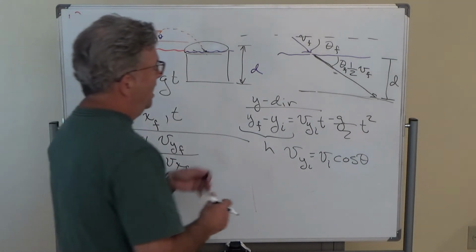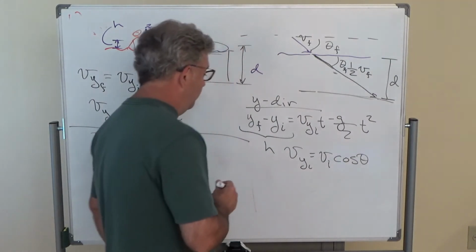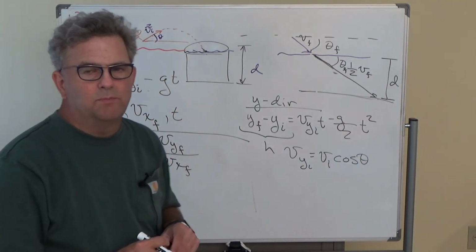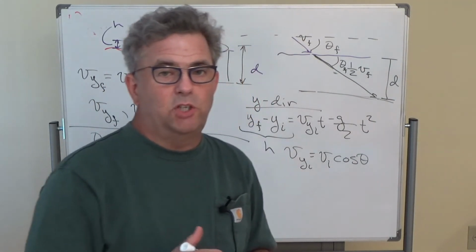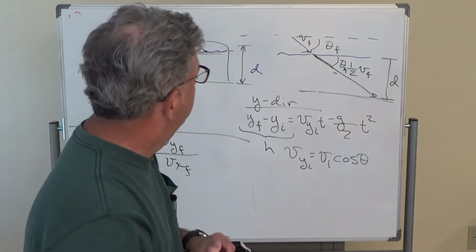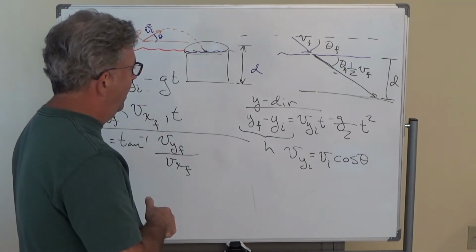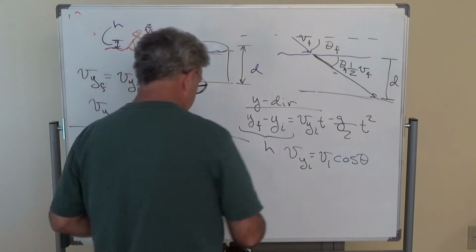That's going to give you a negative angle if Vy final is negative. I'm assuming it is, well, it doesn't have to be, but assuming it's negative, okay? So that's going to give you a negative angle.